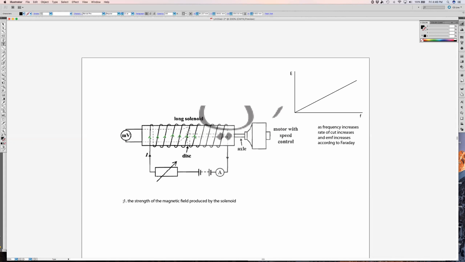The most important factor to be held constant is the strength of the magnetic field produced by the solenoid. Secondly, what we need to keep constant is, of course, the rate of rotation.